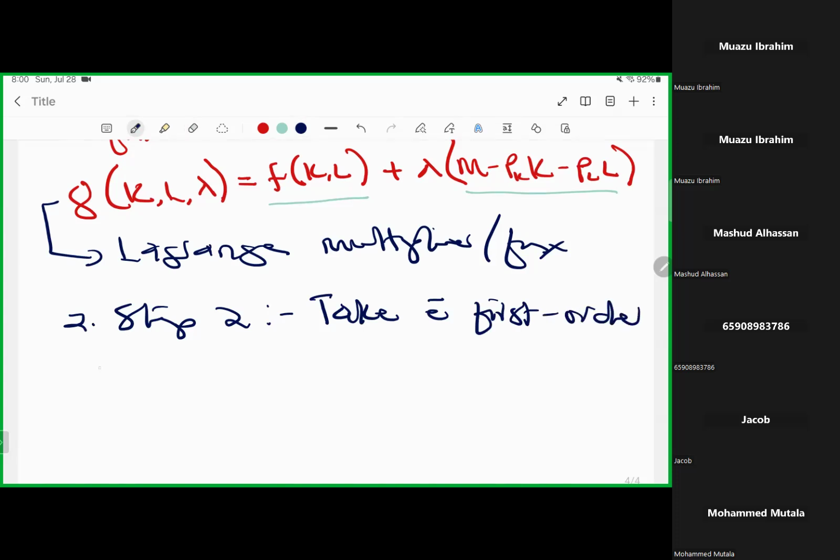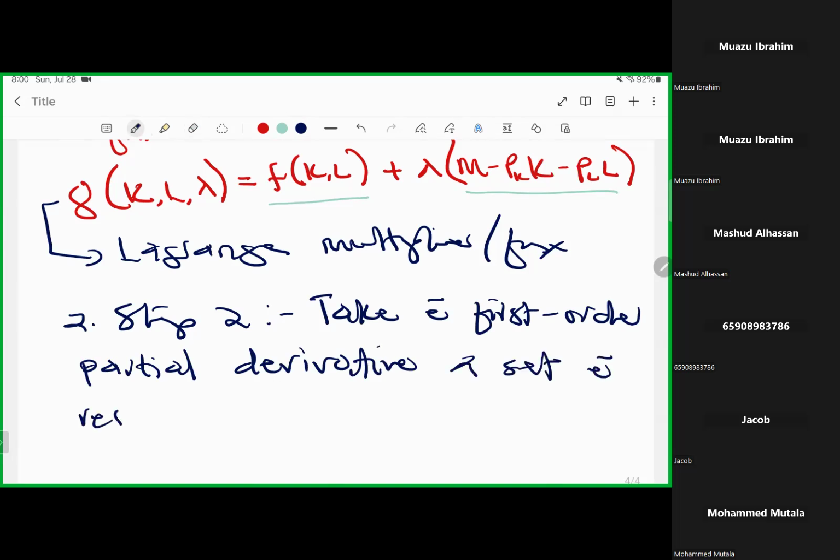To take the first order partial derivative and then set the results to stationary.